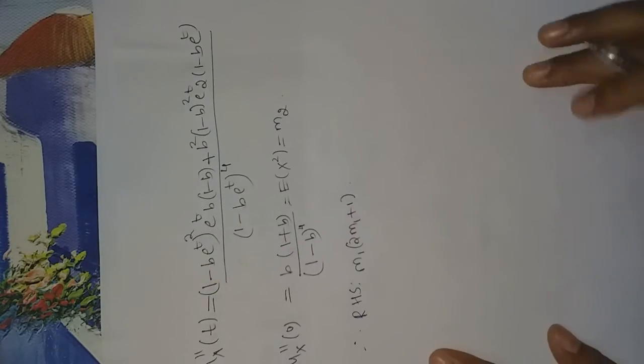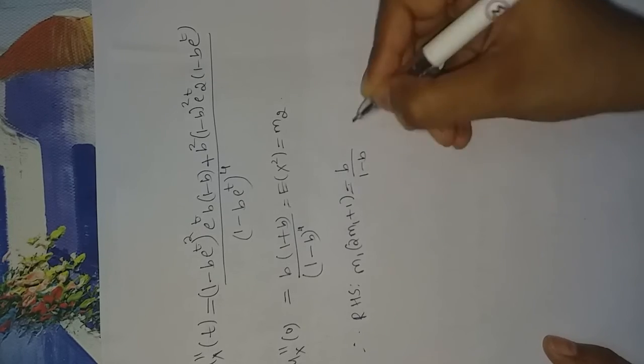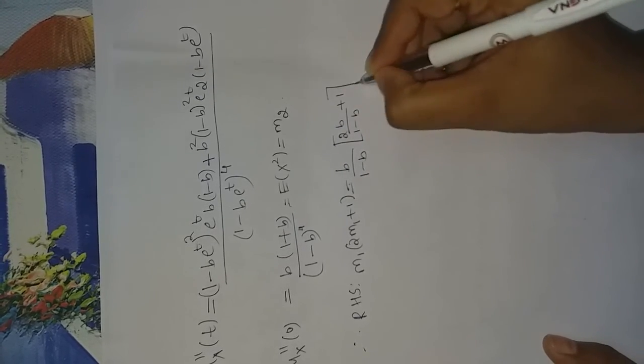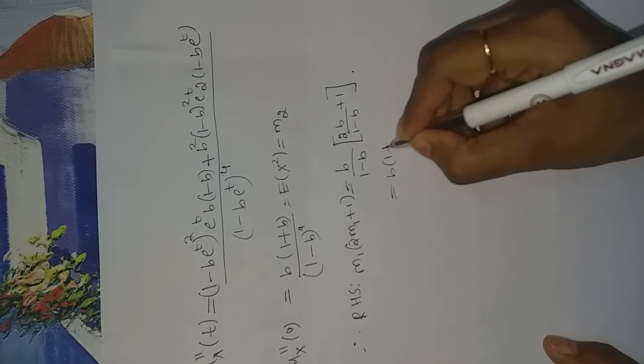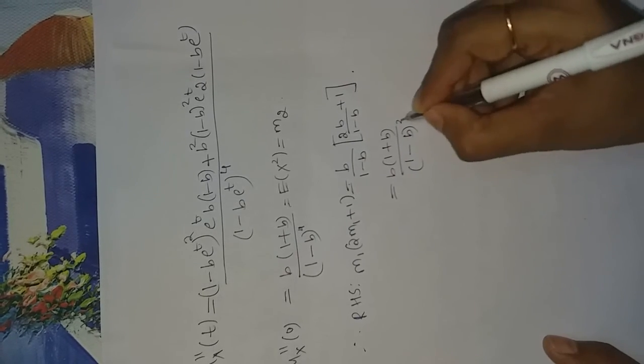And m1 is b upon 1 minus b, into 2 into b upon 1 minus b plus 1. On simplifying this, we get b into 1 plus b upon 1 minus b whole square.